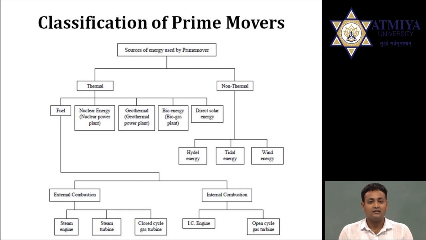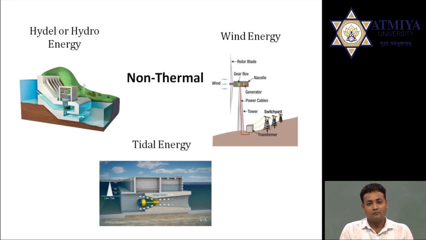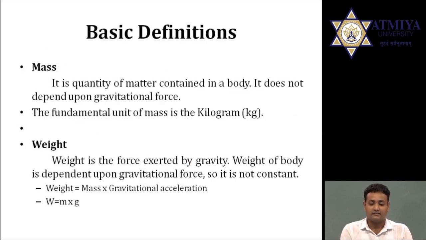In the external combustion engine, there are the steam engine, steam turbine, and closed cycle gas turbines, whereas in the internal combustion engine there are all types of IC engine and open cycle gas turbine. Moving forward, these are all the non-thermal cycles: hydro energy, wind energy, and tidal energy.